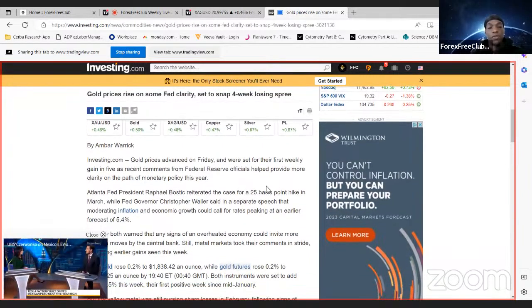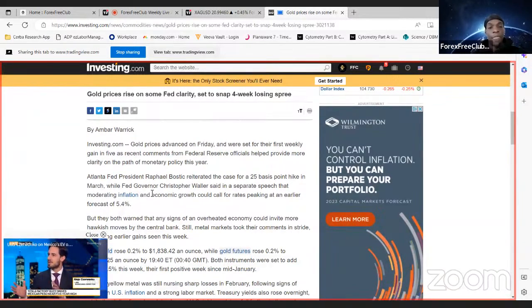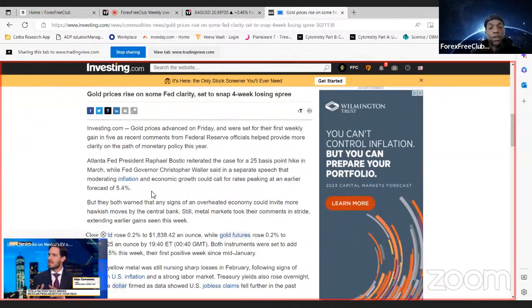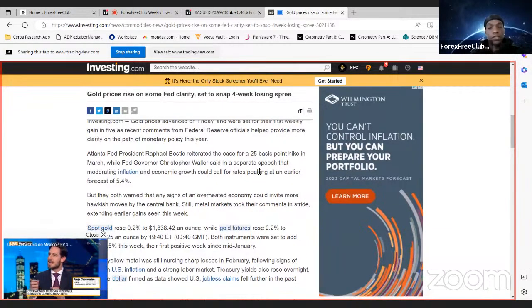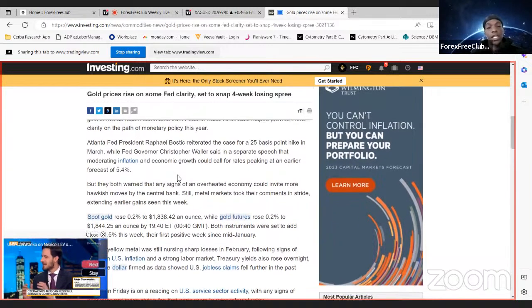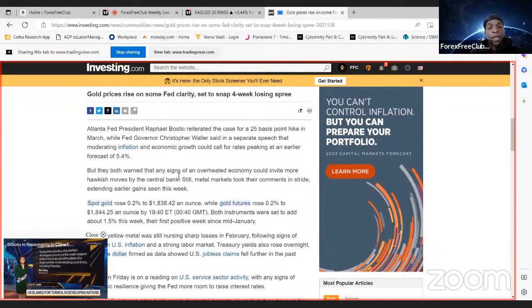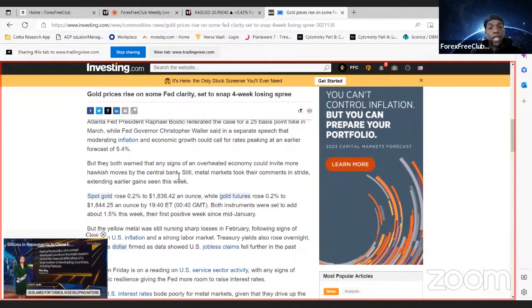comments from Federal Reserve officials help provide more clarity on the path of monetary policy this year. Atlanta Fed President Raphael Bostic reiterated the case for a 25 basis point hike in March, while Fed Governor Christopher Waller said in a separate speech that moderating inflation and economic growth could call for rates peaking at an earlier forecast of 5.4%. They both warned that any signs of an overheated economy could invite more hawkish moves by the central bank.